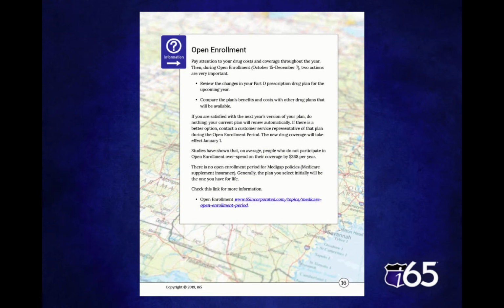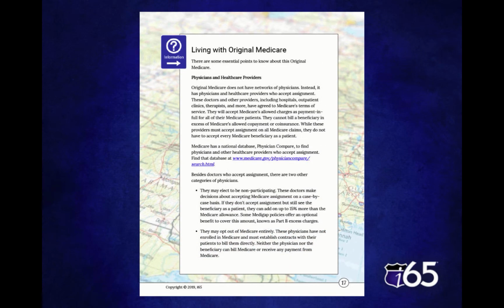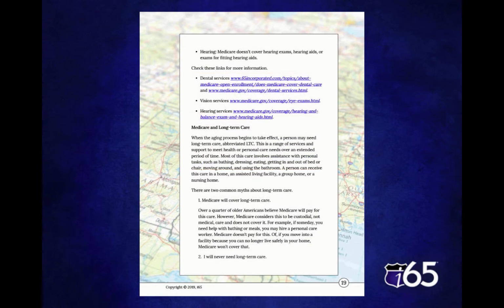And of course, a page on open enrollment, describing what open enrollment is, when it is, why it's important, living with Original Medicare. This is one of my favorite sections because it has a lot of important tidbits about everything from how to find new doctors to dispelling myths about Medicare and long-term care.